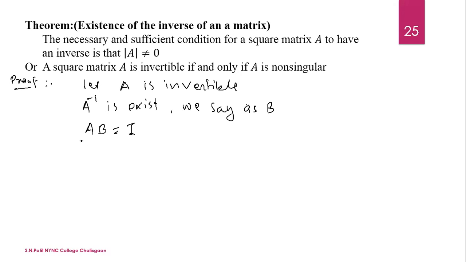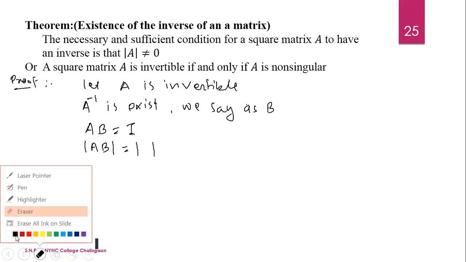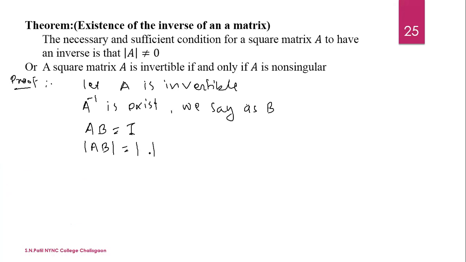Now taking determinant both sides, that is determinant of A into B is equal to determinant of identity matrix. We know that determinant of identity matrix is 1, so it is equal to 1, and we apply here the determinant property: determinant of A into B is determinant of A into determinant of B. So there are two terms whose product is 1.